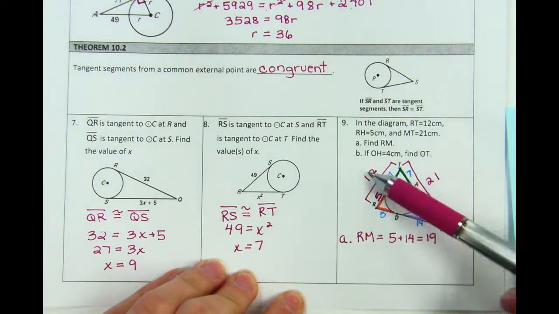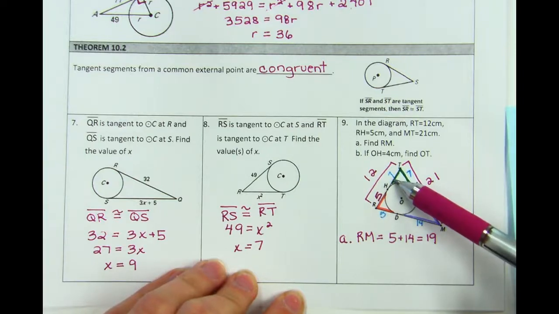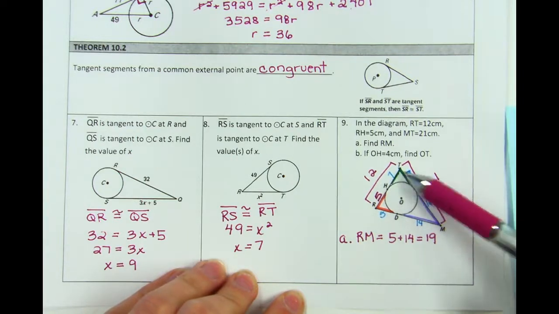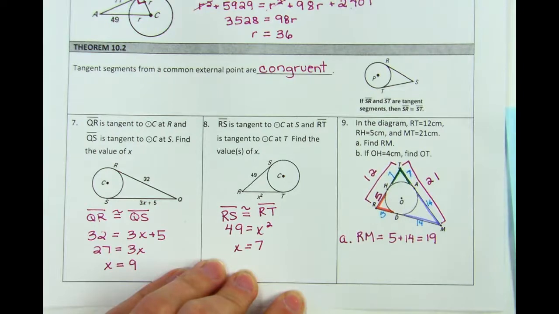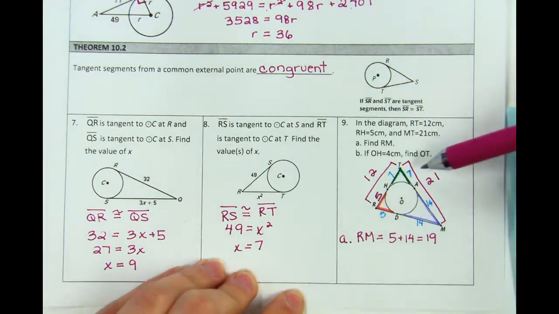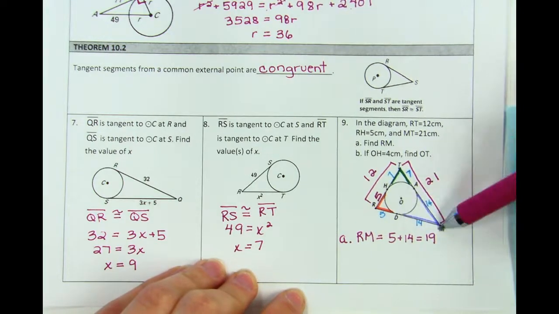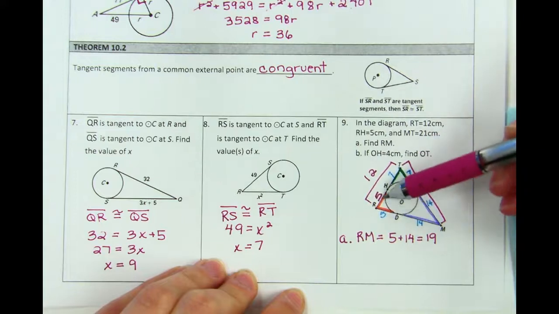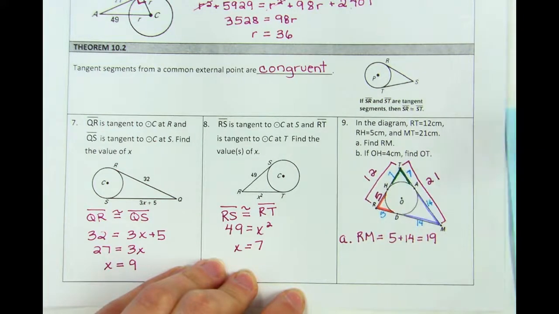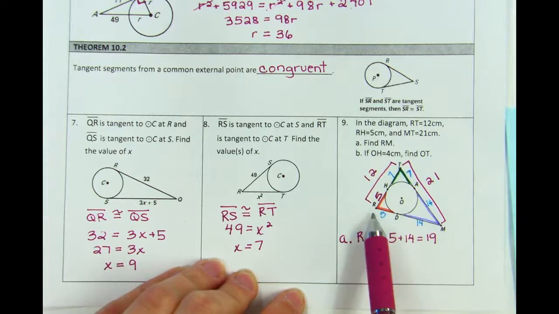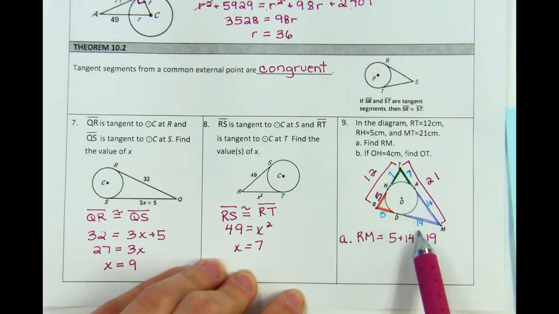So if that's 5 and that's 12, that's 7. This part's also 7 because they match. That's 7, this is 21, this is 14. 14 and 14, they both match. And then over here, the orange are the same, so that's 5. So then RM is going to be 5 plus 14, so it's 19.